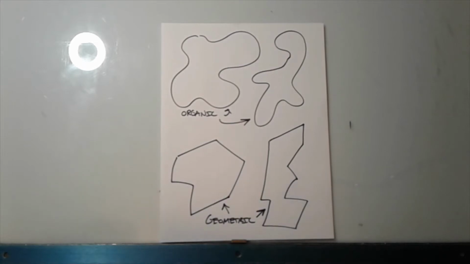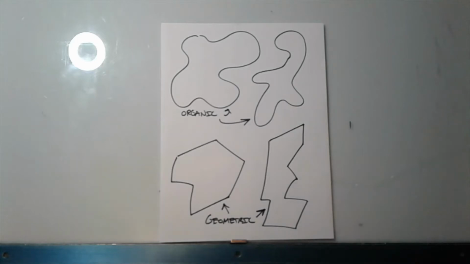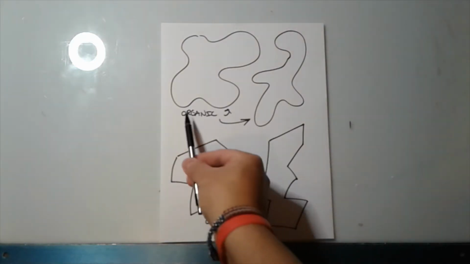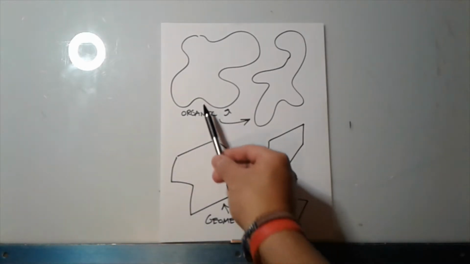Alright, ladies and gentlemen, here's what I'm talking about when I'm talking about organic shapes and geometric shapes. If we look at the ones at the top, they are very different from the ones at the bottom, correct? Organic is a word that kind of means to describe stuff that's alive. Could be alive, living. It was living at one time, alright?